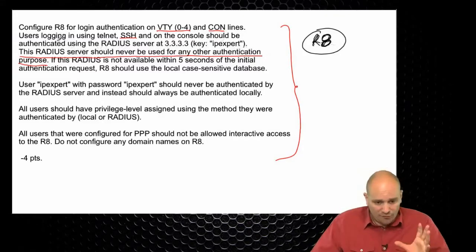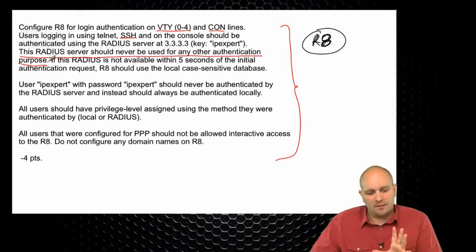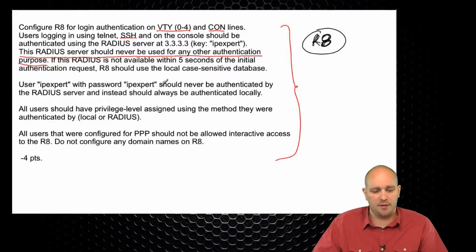So this takes care of actually defining the radius server that is not going to be used for any other authentication purpose. But here I now have to say, user IPExpert with password IPExpert should never be authenticated by the radius and instead should always be authenticated locally.